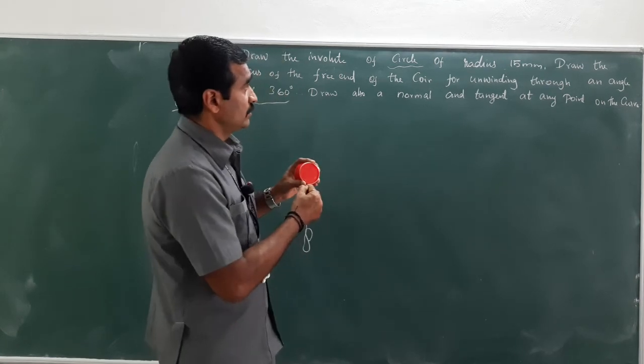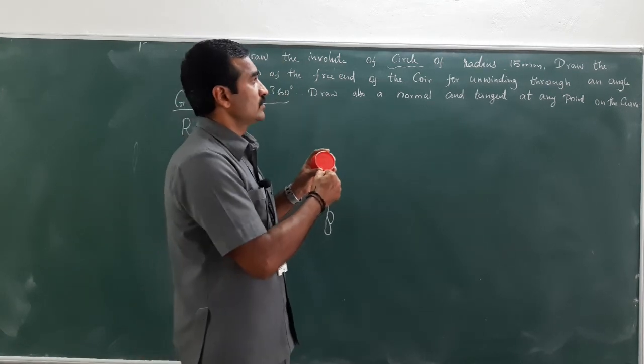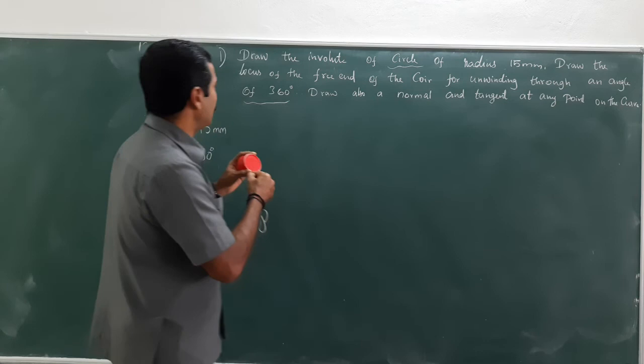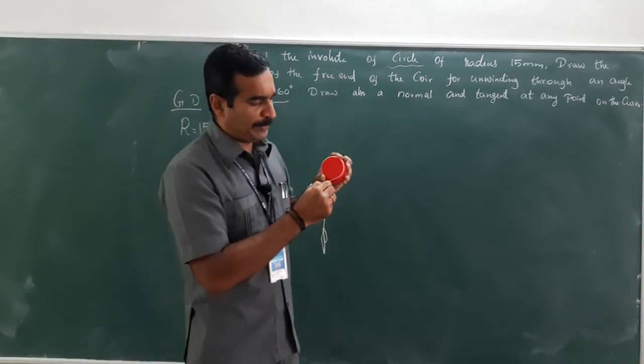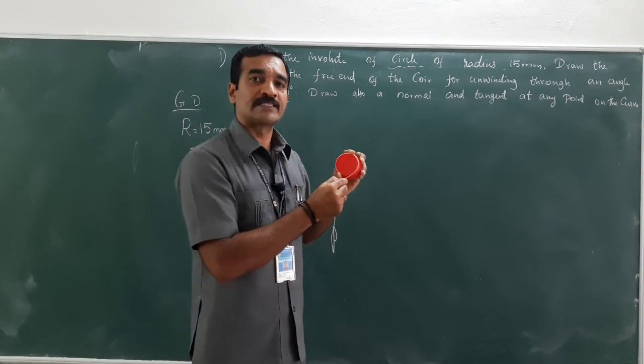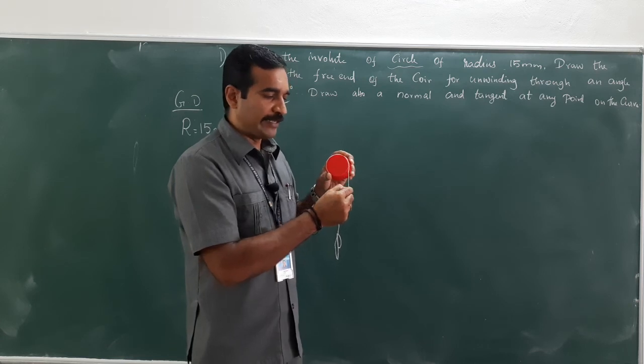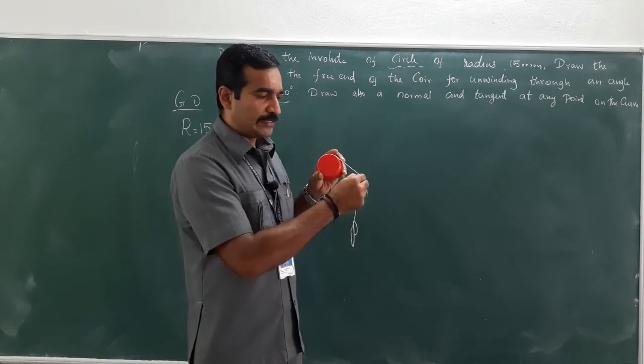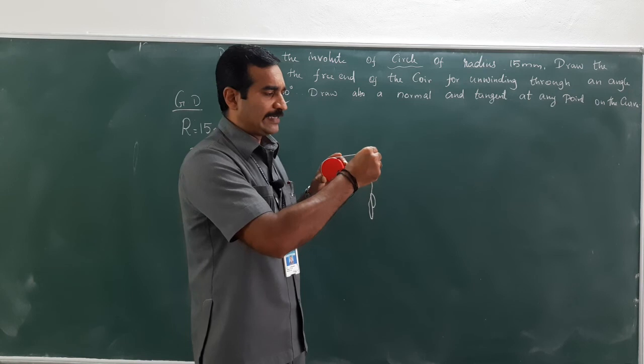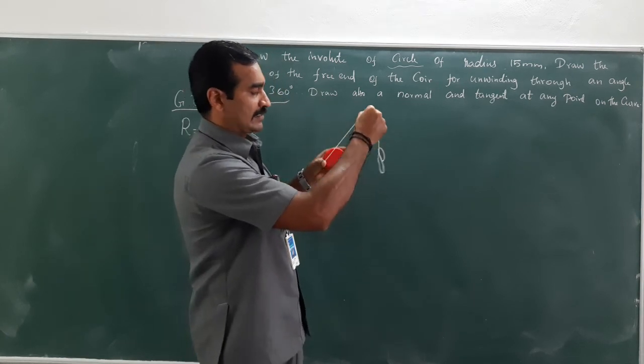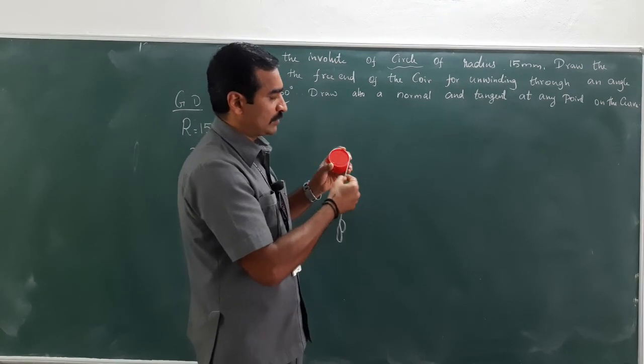It says the coil is unwinding through an angle of 360 degree. What I am going to do, keeping the thread tight, is start unwinding it. While unwinding the coil, it traces some points in the space.